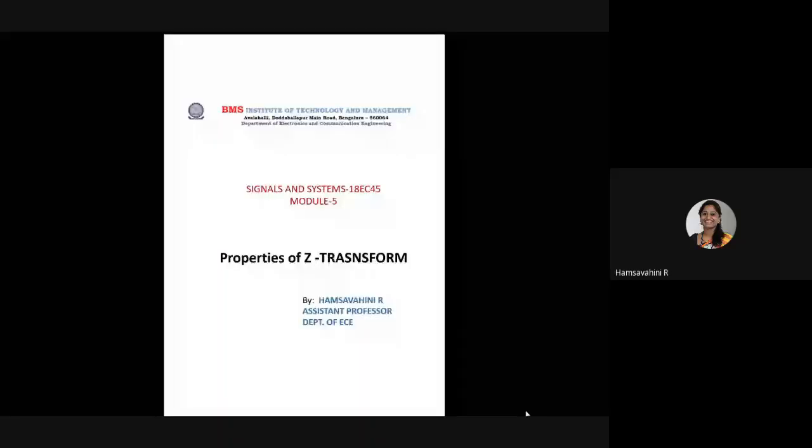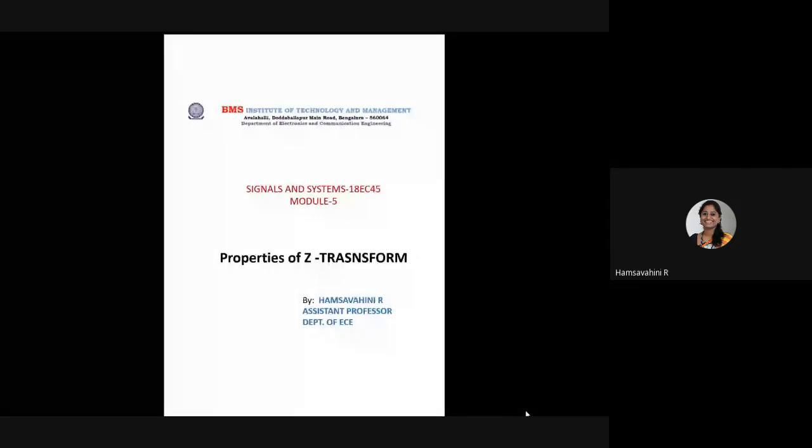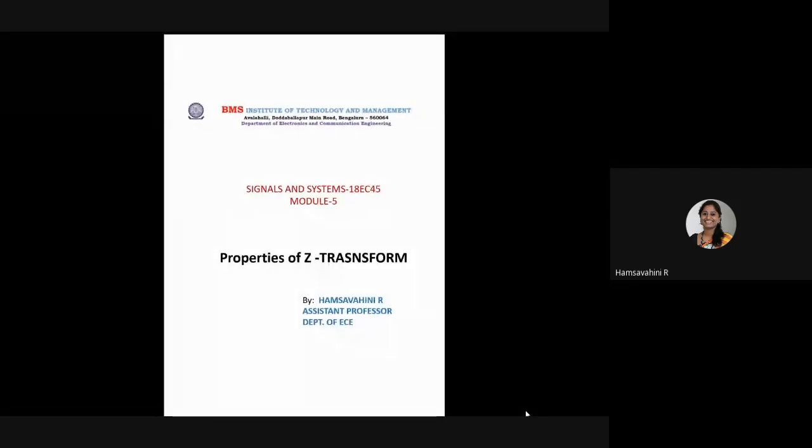Okay, so till now we have discussed the numerical problems by using the Z transform expression. Now we will study a few important properties of Z transform. Then we'll be solving numericals by applying those properties onto the signal.